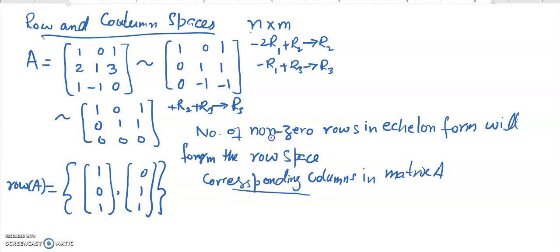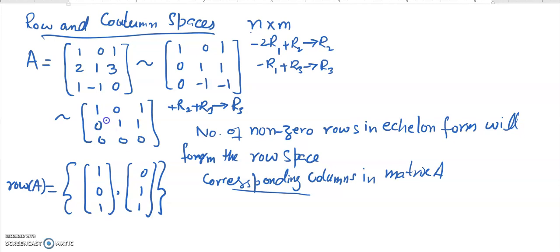Corresponding to these non-zero rows, or we can also say corresponding to the pivot columns in the echelon form. In this case, the first two columns are the pivot columns. The third column is not a pivot column because the last row was 0, everything was 0 over here.